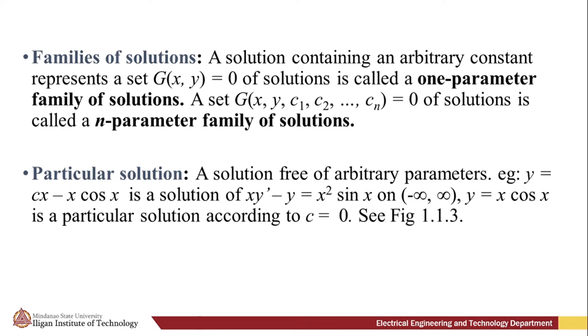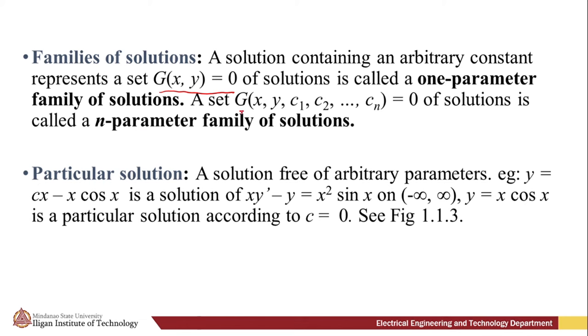Now, families of solution. A solution containing an arbitrary constant, represented as the implicit solution G(x, y) equals 0, is called a one-parameter family of solutions.